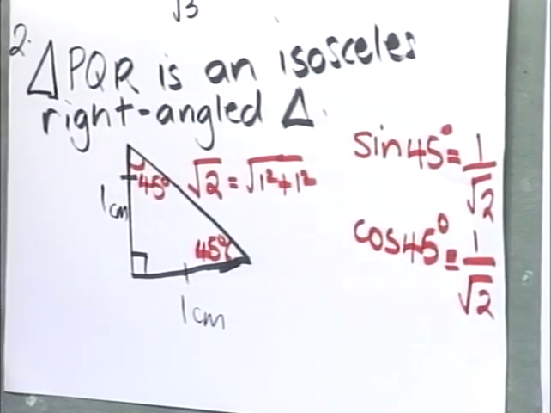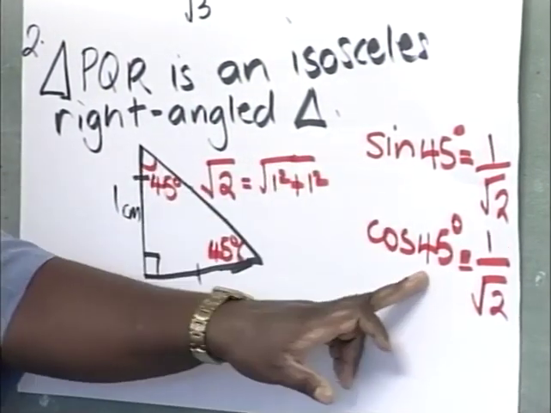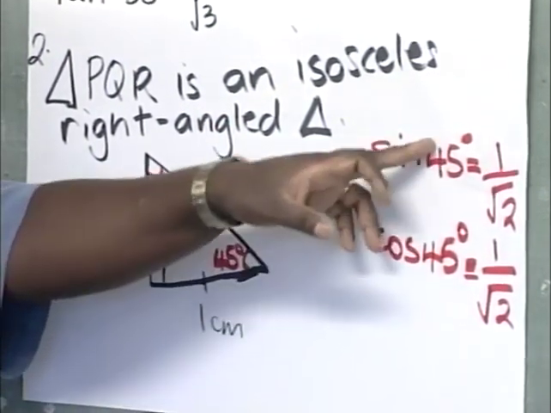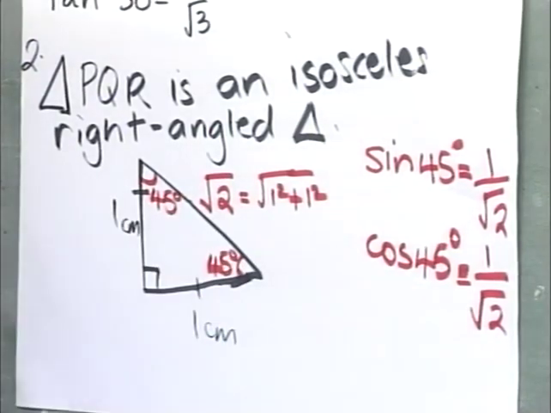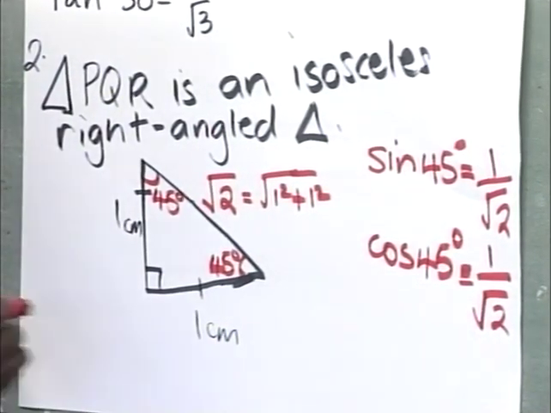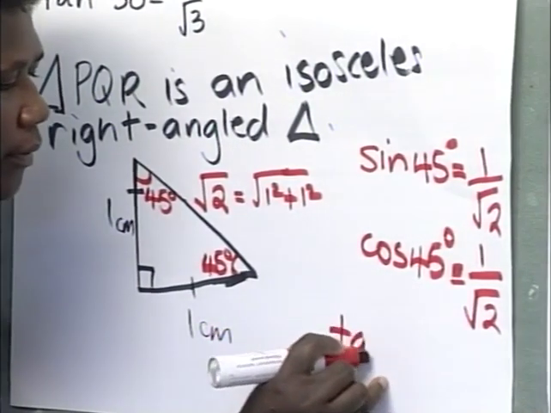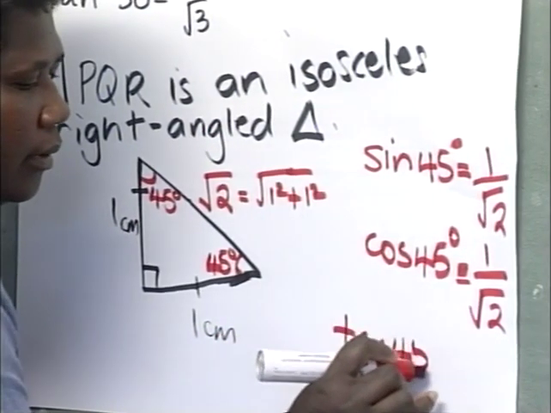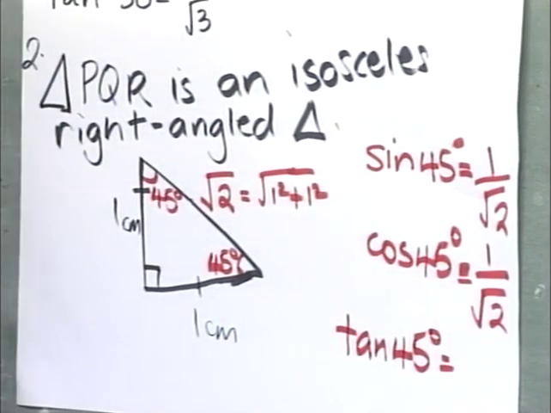Okay, you will also note 45 and 45 are complementary angles. Because they are complementary angles, their sine and their cos will be equal. Okay, tangent of 45 degrees. Gabriel?